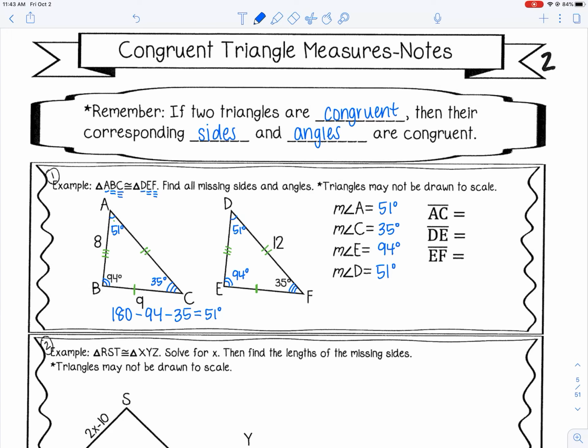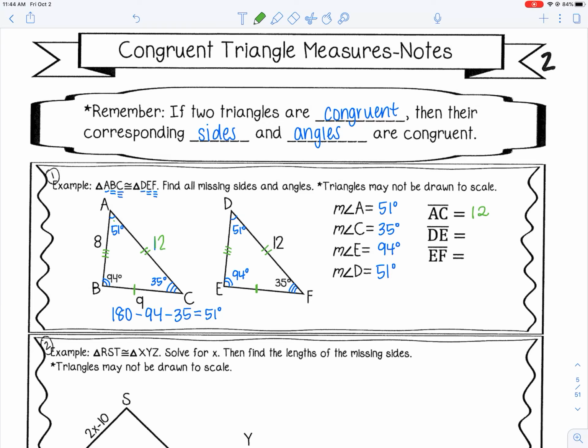Then we need to look at sides. So if we want to find side AC, AC has two tick marks. So on the right triangle, DF has two tick marks. DF is 12. Since they're congruent, that means AC is 12. To find side DE, DE has 3 tick marks.